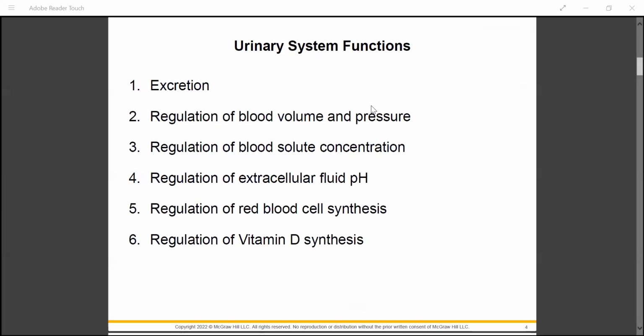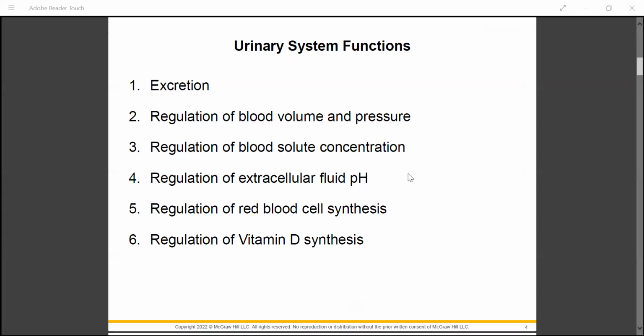Our urinary system also regulates blood solutes. So a solute is something that is dissolved in a solvent, in this case, in the liquid portion of our blood, the plasma. This is going to include glucose, other electrolytes like sodium, calcium, potassium, all of that. How much we get rid of, how much we retain is determined by our kidneys.